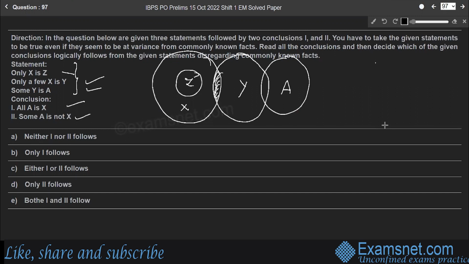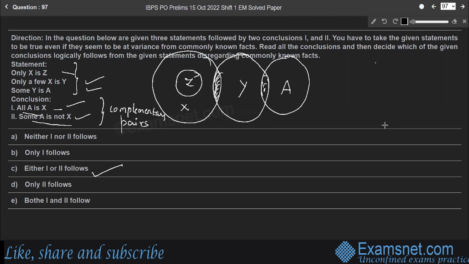And the conclusions are all A is X and some A is not X. Again, a complementary pair of conclusions. These two are complementary pairs. Therefore, the answer is either 1 or 2 follows.